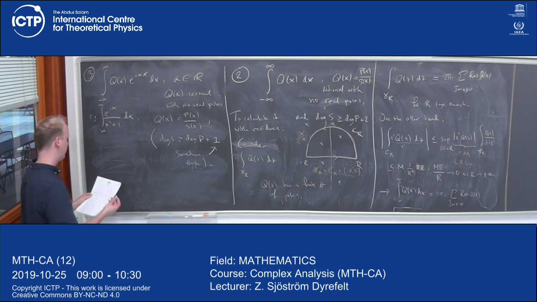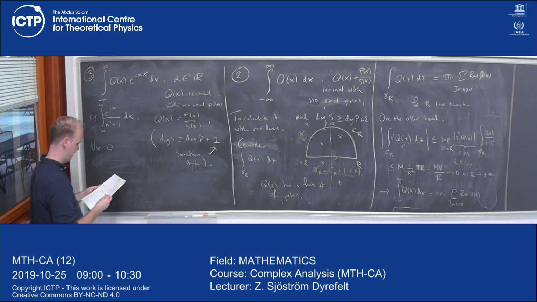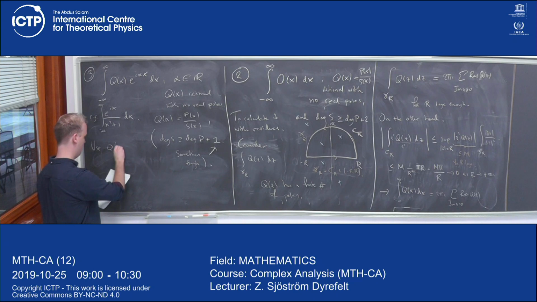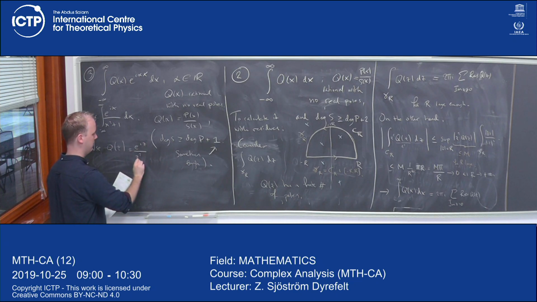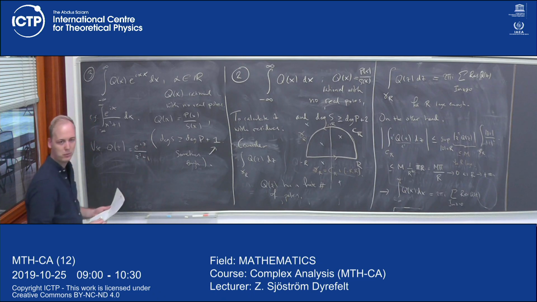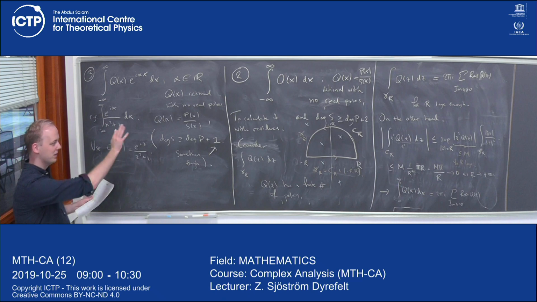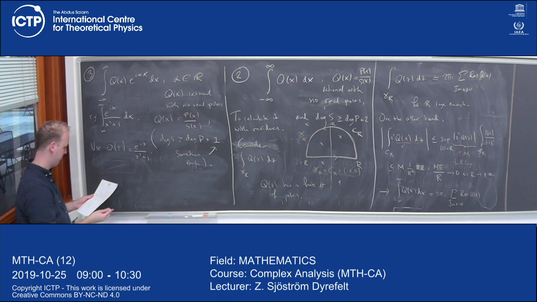So what you do to solve this is you use q of z, equal for example to 1 over z squared plus 1 here. So now I'm doing the example in parallel with the general theory.